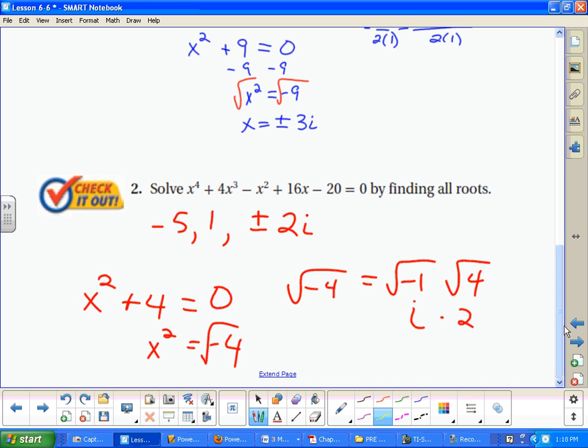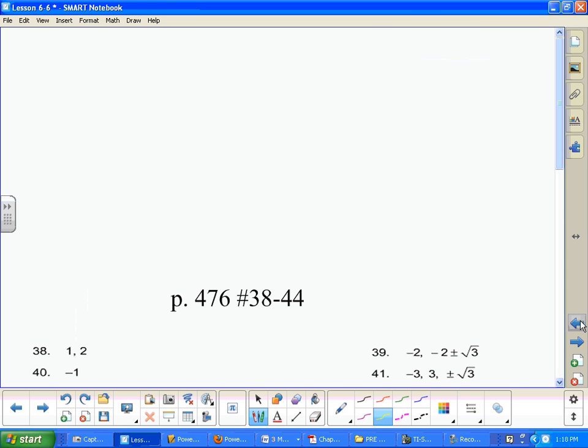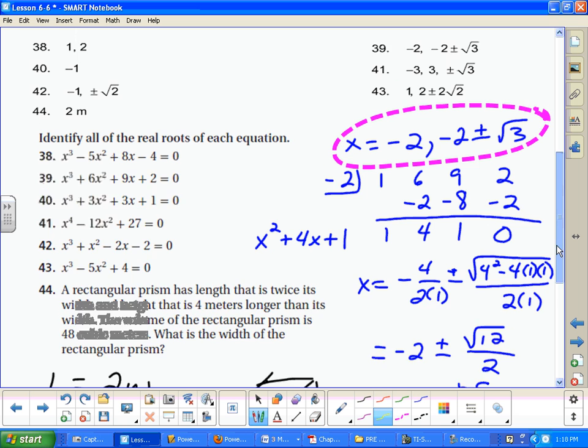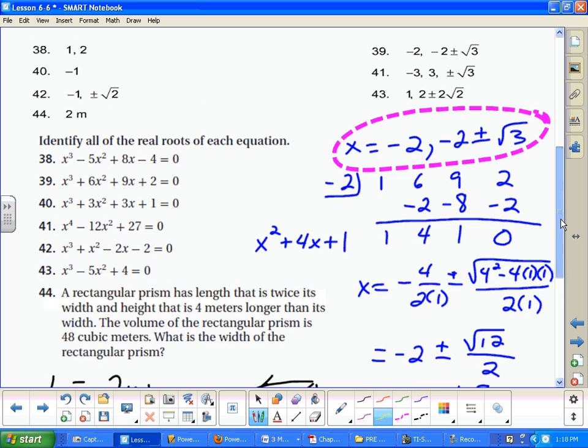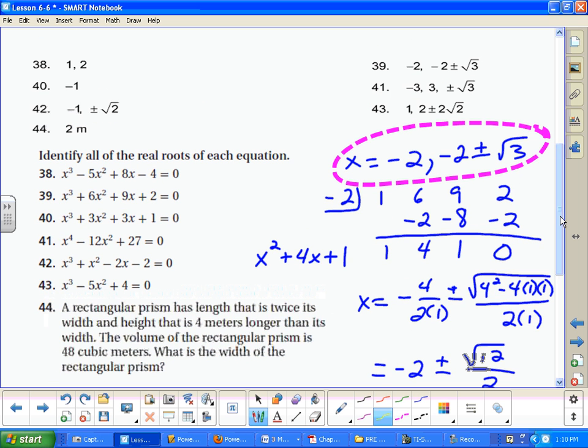Now also, when we did the quadratic formula, what did I end up with? Negative 2 plus the square root of 3 and negative 2 minus the square root of 3. So if you ever have a complex number, you always have to have its conjugate as a 0 also.